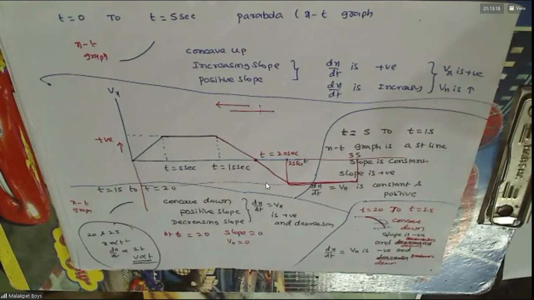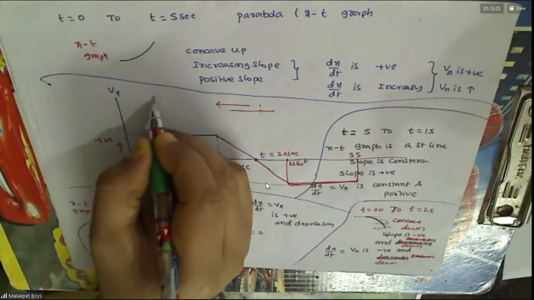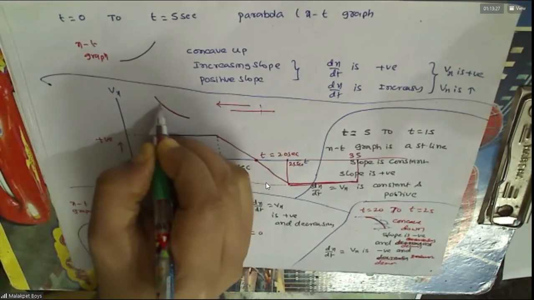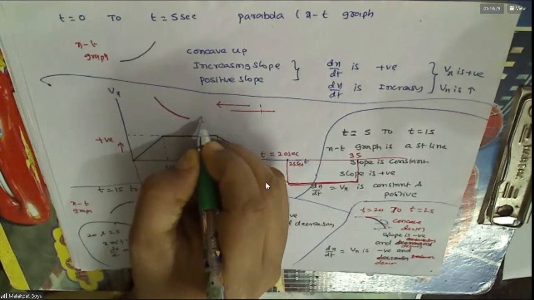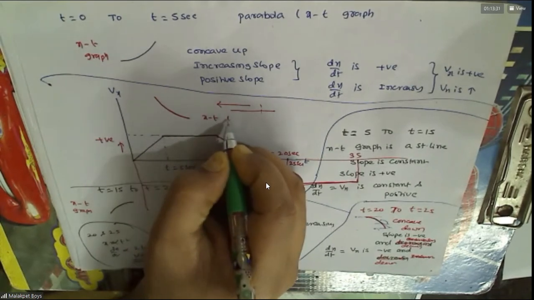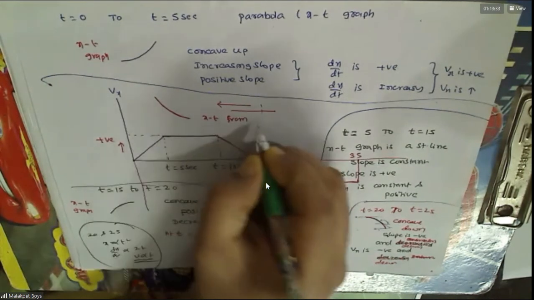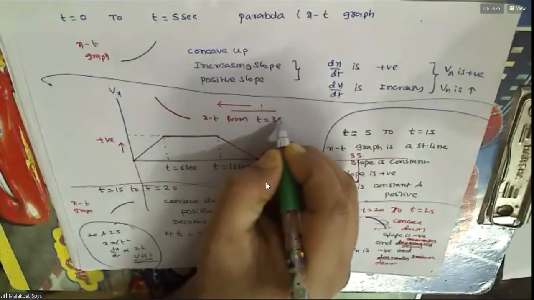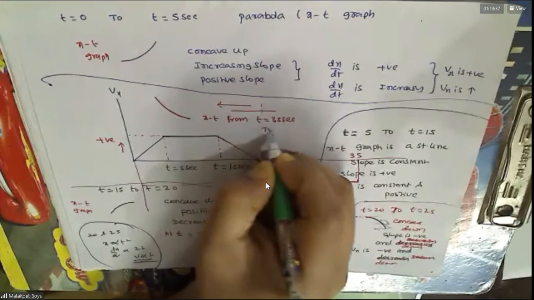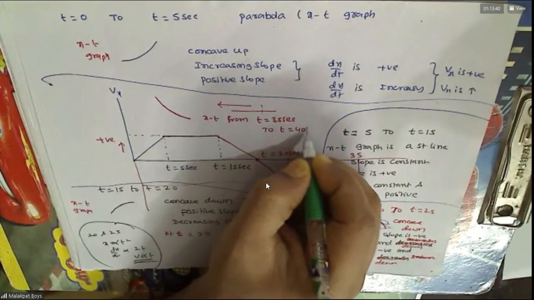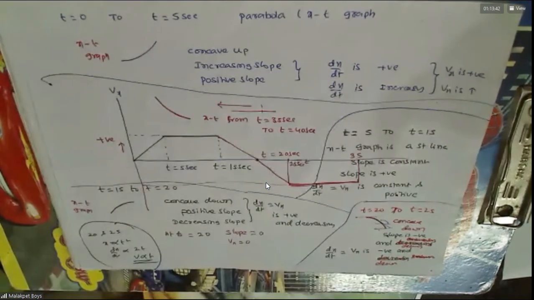Agreed? Now 35 to 40. From t equals 35 seconds to t equals 40 seconds, the xt graph will be somewhat like this, no?